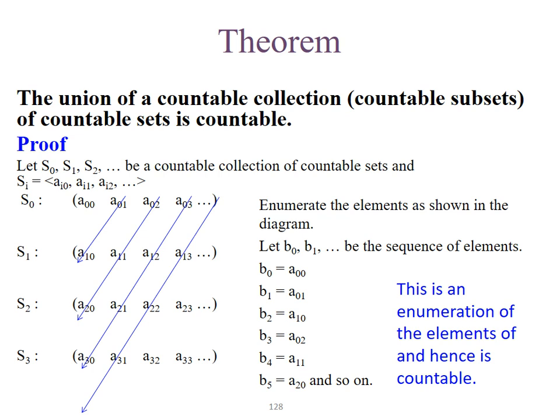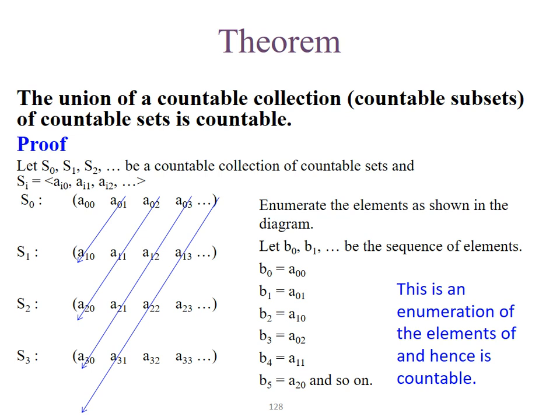Then we can have its element A00, and for the subset S1, we have all its elements A10, A11, A12. So you can form a matrix to represent all elements of the subsets S0, S1, S2, S3 and so on. Okay, this is fine.